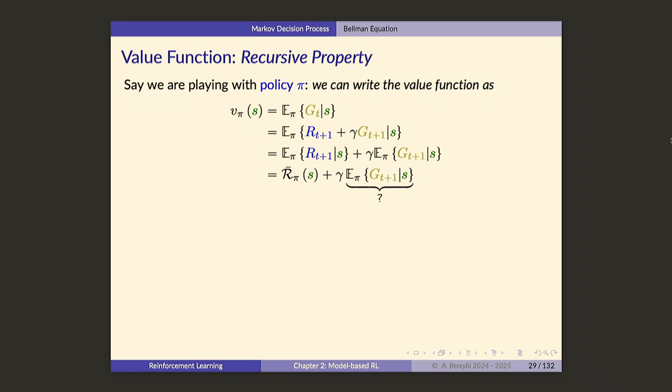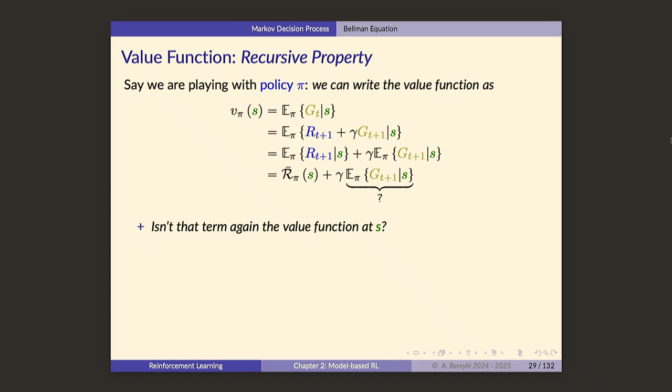I am computing the expected future reward given that I am in state S. Isn't that the value function at state S? Yes or no? Who says yes? Who says no? Great, so we have a couple of people saying no. It's not the value function when you are in state S.